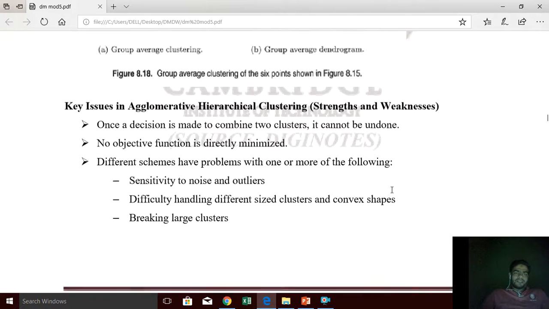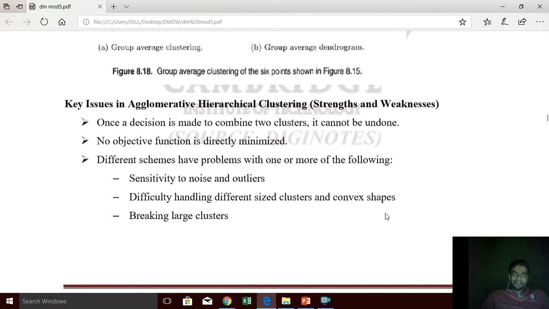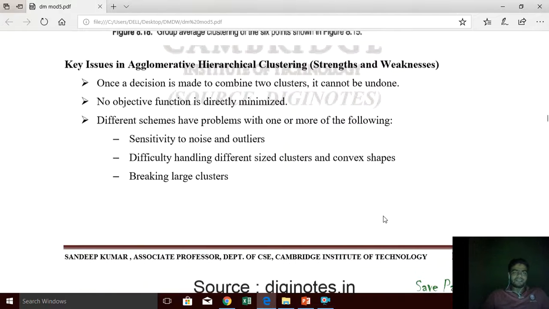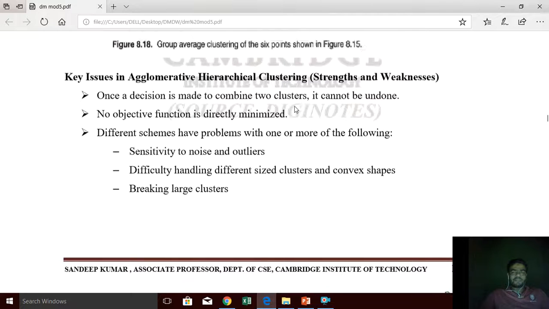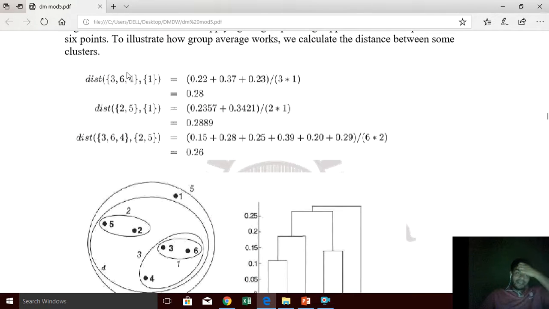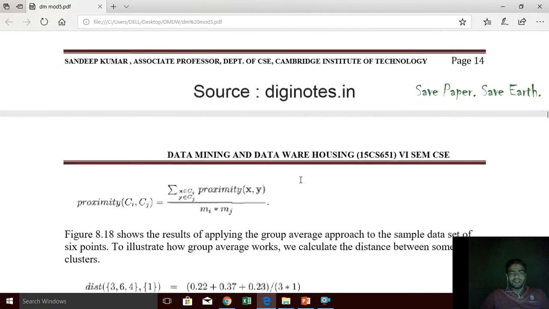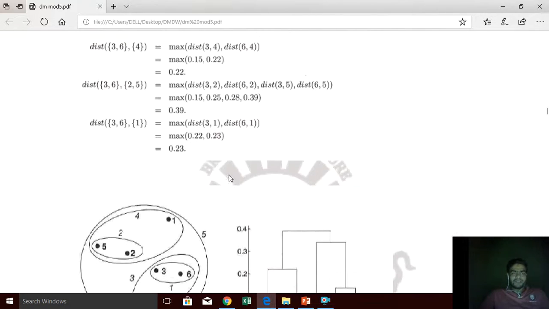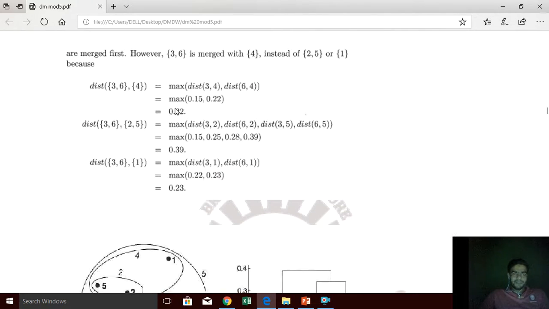So now coming to key issues in agglomerative hierarchical clustering, strengths and weaknesses. Once a decision is made to combine two clusters, it cannot be undone. Here we have taken the decision of merging 3, 6, 4 and 2, 5. Once you merge this as one cluster, it cannot be undone. Here you have also merged 3, 6 with 4 based on the minimum value of 0.22.